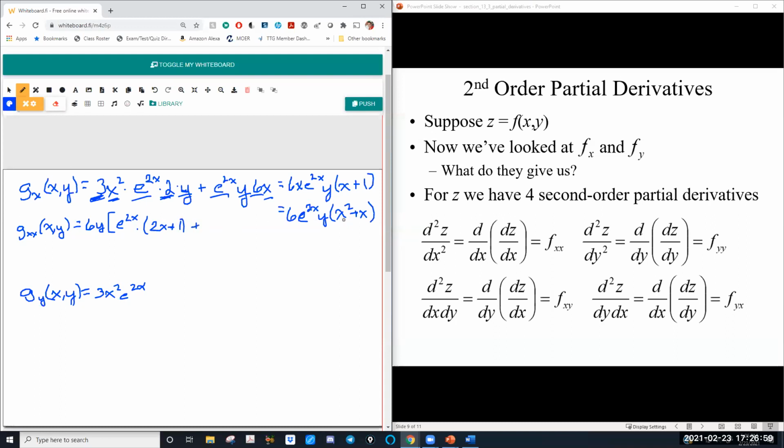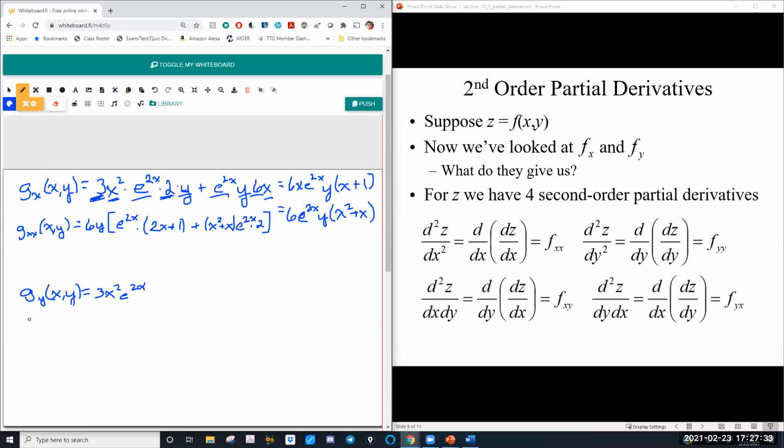Now I'm going to leave x squared plus x alone, times the derivative of e to the 2x, which we saw before, e to the 2x times 2. So there's our second order partial with respect to x. Yes, we could factor out the e to the 2x and write a polynomial in here. Because of time, I'm not going to worry about that right now because there are other things I want to make sure I show you first. But we could clean that up a little bit.